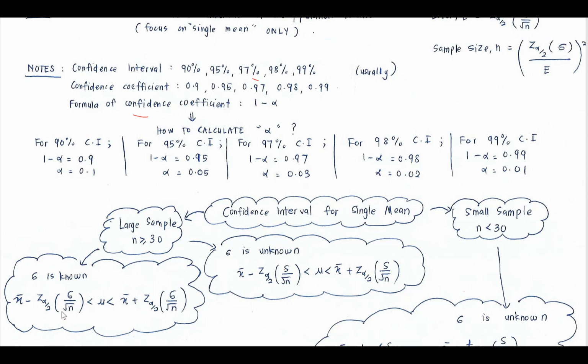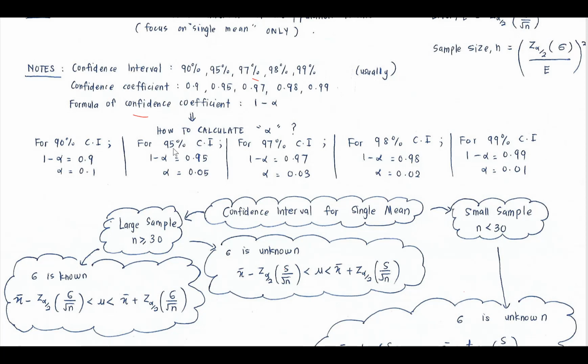Now if we look at this formula, we have Z alpha divided by 2. This Z is from the Z table, or standard normal distribution table. Now let's see, we have a question for a 95% confidence interval. The question asks you to construct a 95% confidence interval.